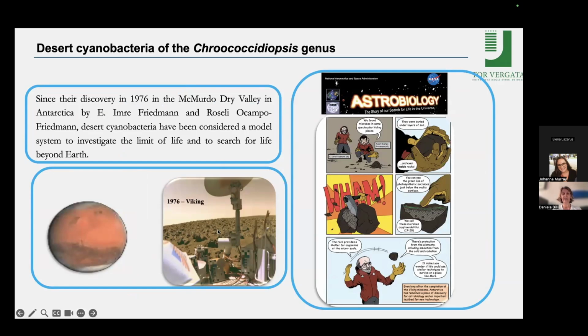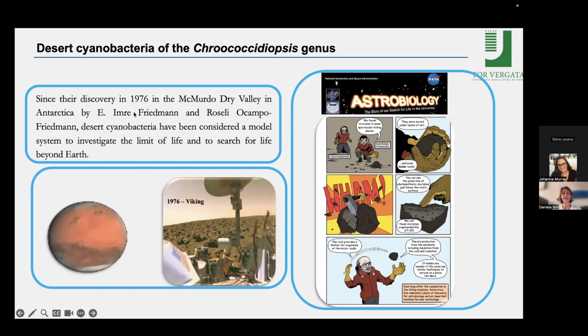We know that the Vikings made some experiments using the soil and looking for microbes, just adding growth medium, and they checked for evidence of some kind of metabolism. Then they also tested for the presence of organic molecules through gas chromatography, and they found no evidence of life. And since life as we know it is based on carbon, this was very disappointing.